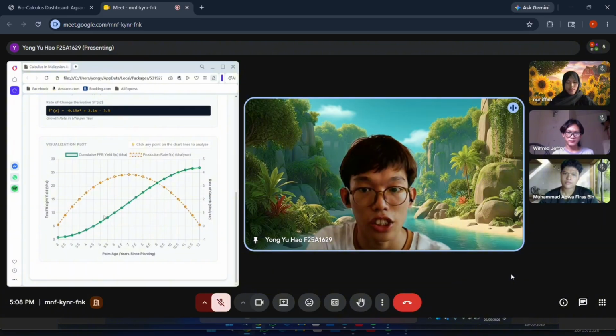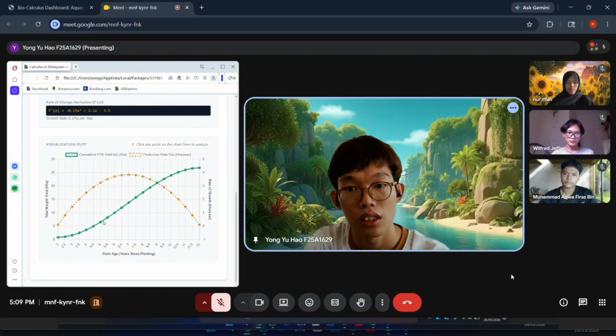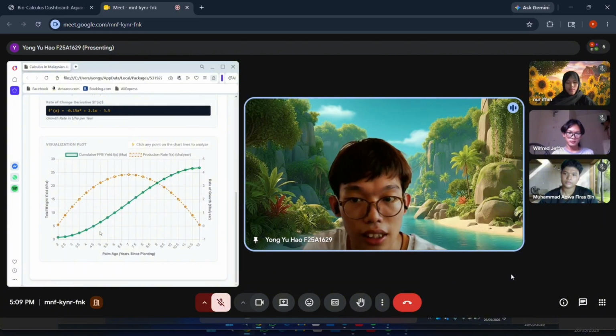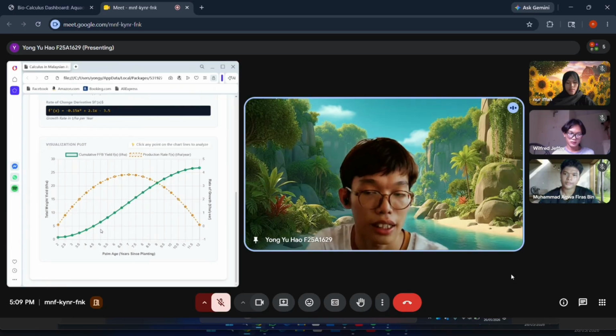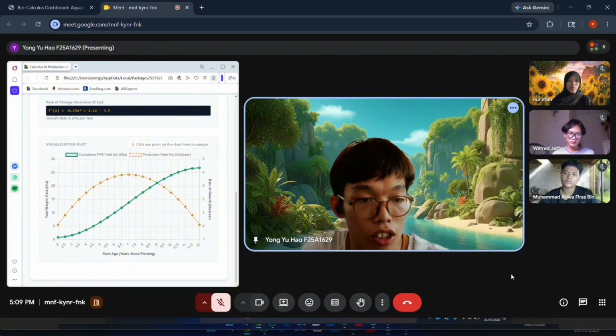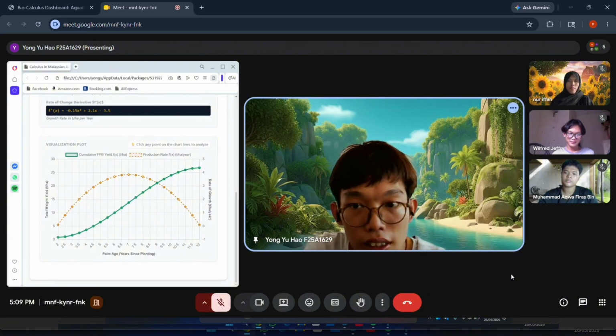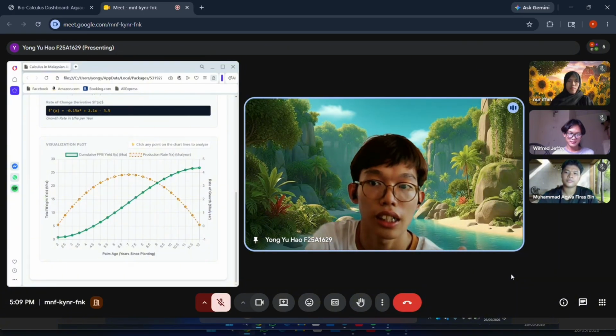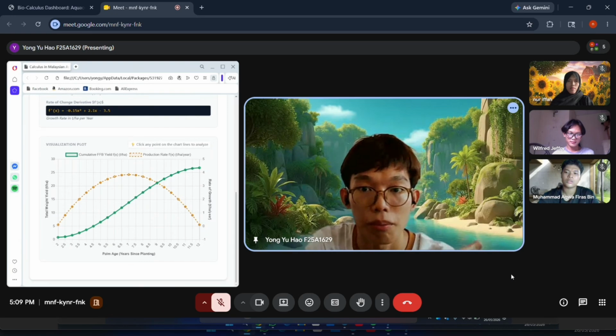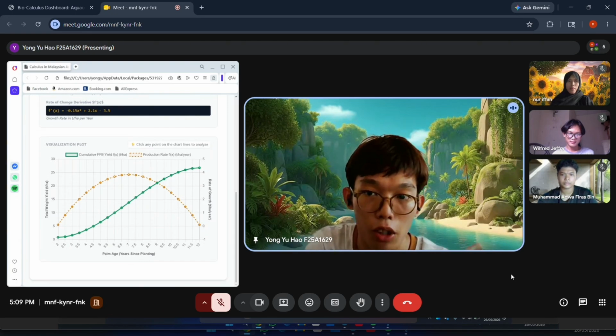The orange dashed line represents the derivative function, which shows the growth rate of the yield. By comparing these two lines, users can clearly understand the relationship between total production and production speed.